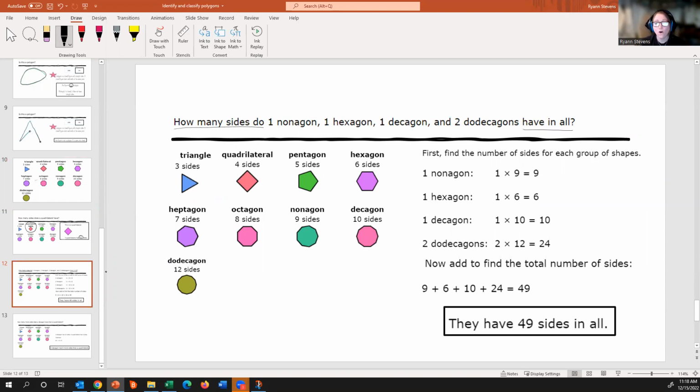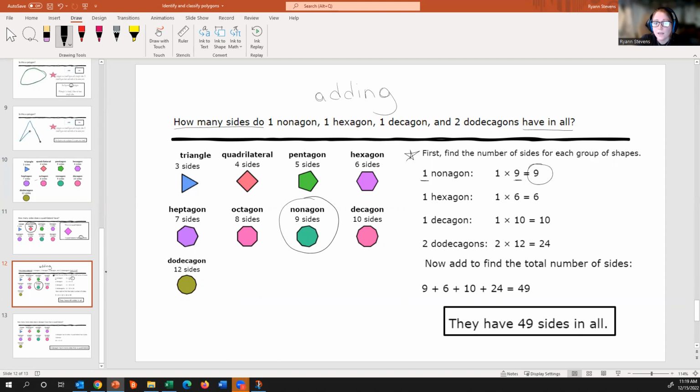So all of the sides combined means we are going to add up all of these sides and decide how many sides there are total. The first thing we want to do is find the number of sides for each group of shapes. So if I have 1 nonagon, I have 9 sides. That is going to give me 9 sides total for the nonagon.